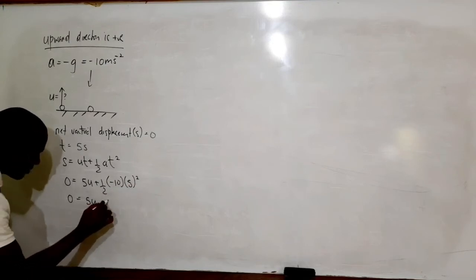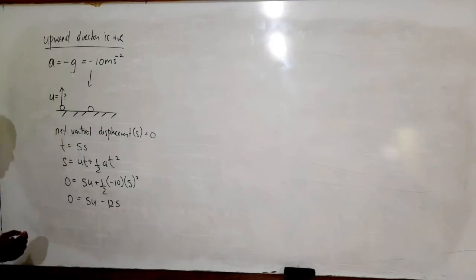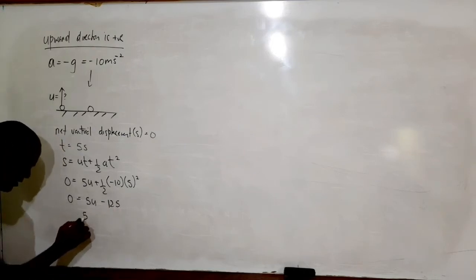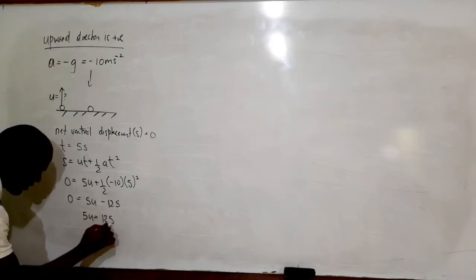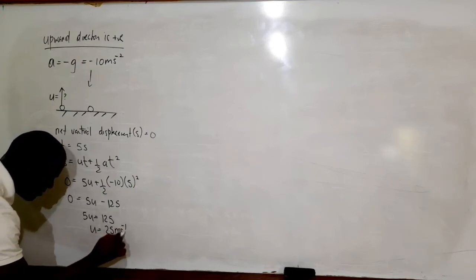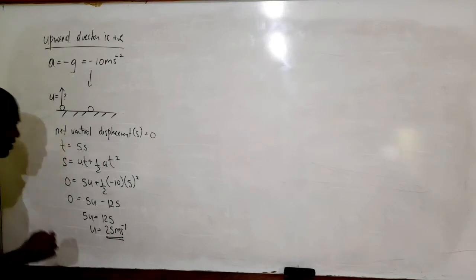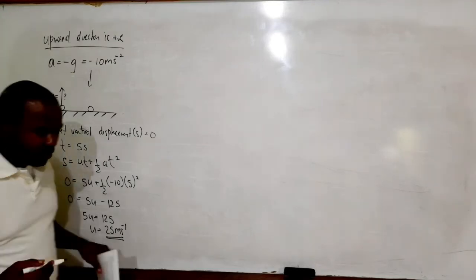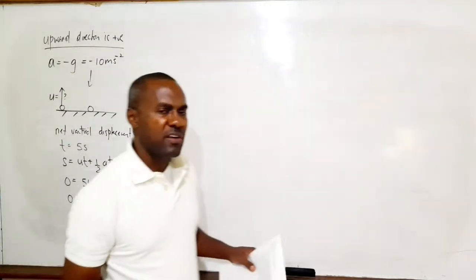So this is minus 125. And so we have 5u is equal to 125, and therefore u is equal to 25 meters per second. So the initial velocity with which the stone was projected is equal to 25 meters per second.